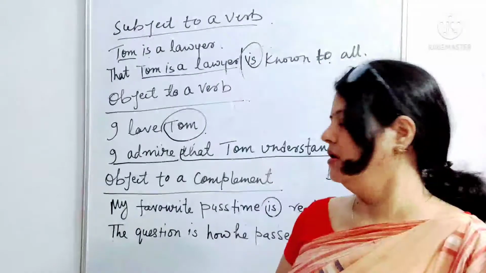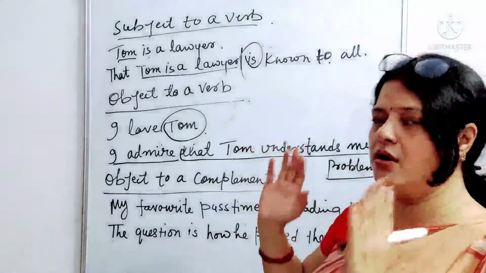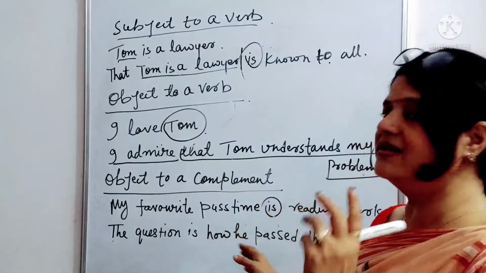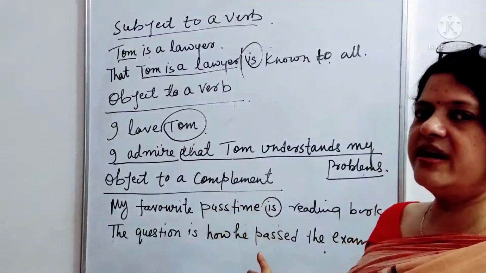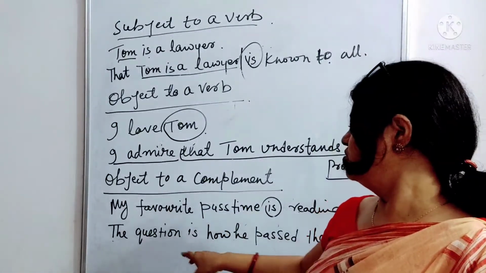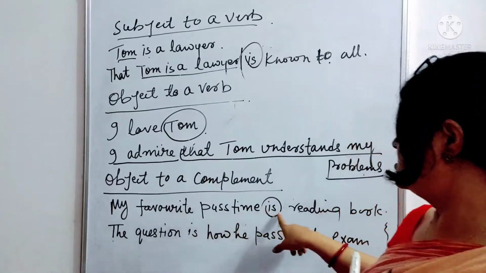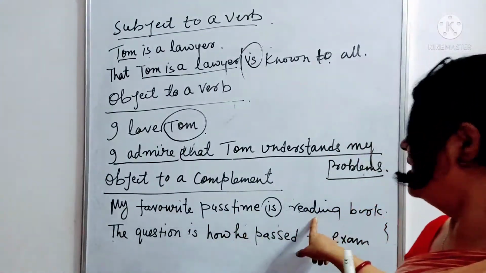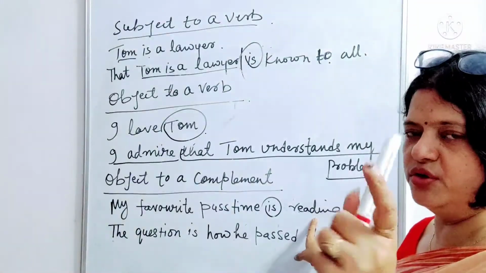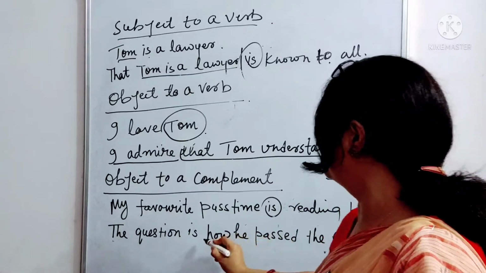In the same way, if we place a clause as a complement in the sentence, it also does the same thing. The question is, my favorite pastime is, same way the question is, here we have only one word, that is reading books, but here we have the whole clause.